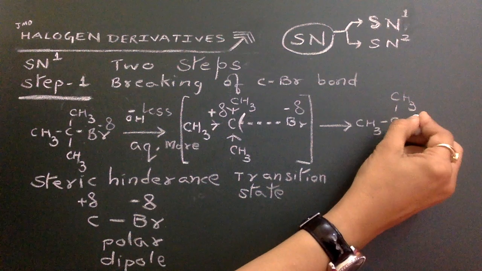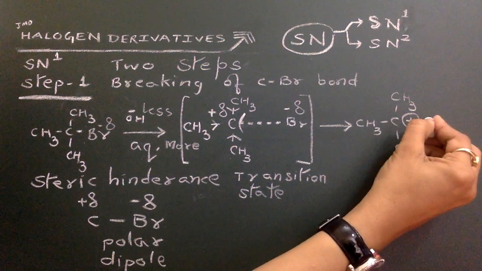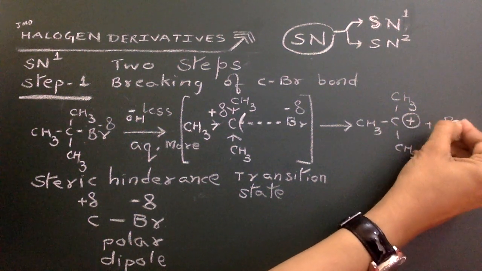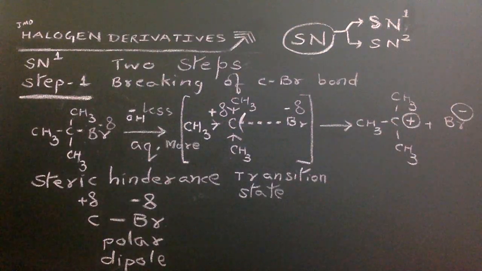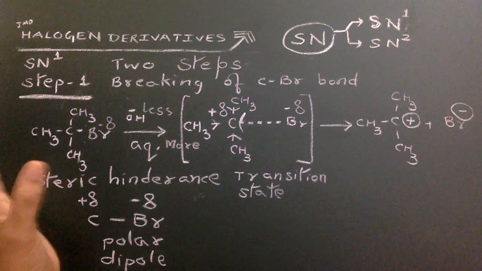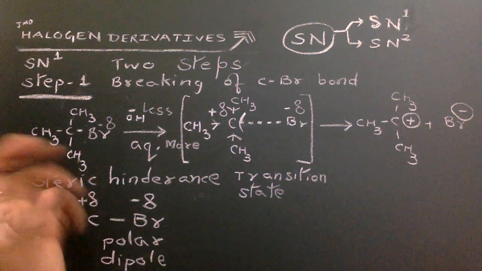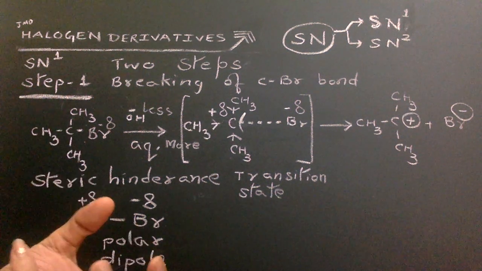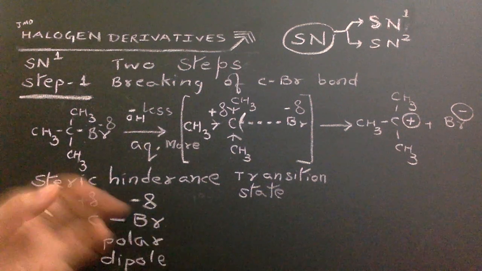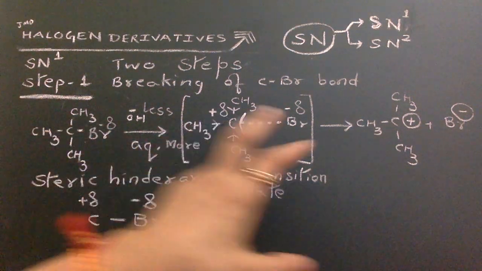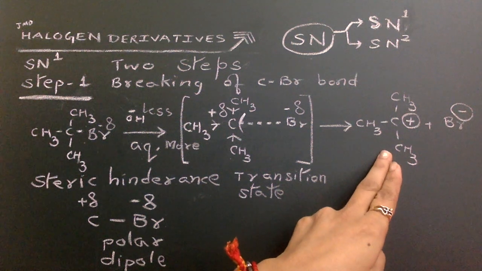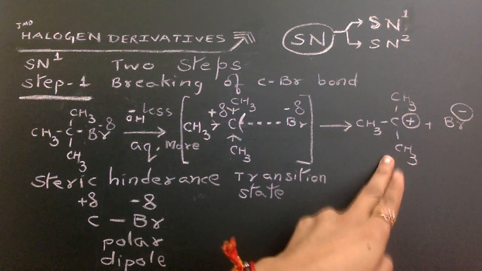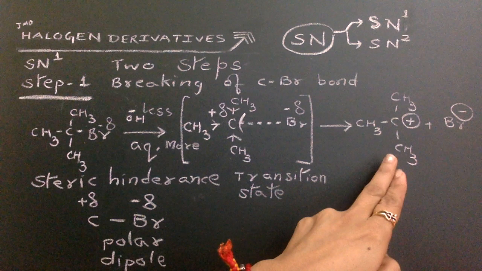So what you should keep in mind is that SN1 will happen only with bulky alkyl groups, most prominently in a tertiary alkyl halide. In step 1, the CBr bond breaks and makes the carbonium ion or the carbocation.